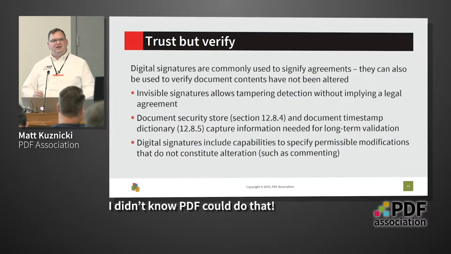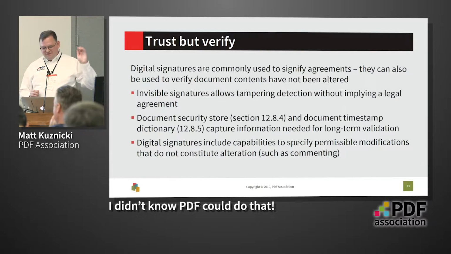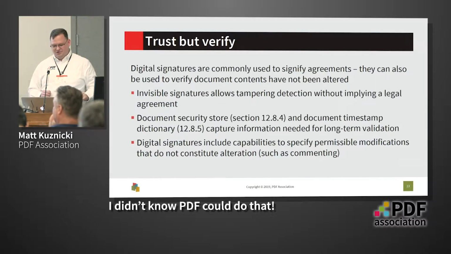We can store in PDF via the Document Security Store and its timestamp dictionary the information that we need to do this validation and this tampering protection, not just today, but far into the future.